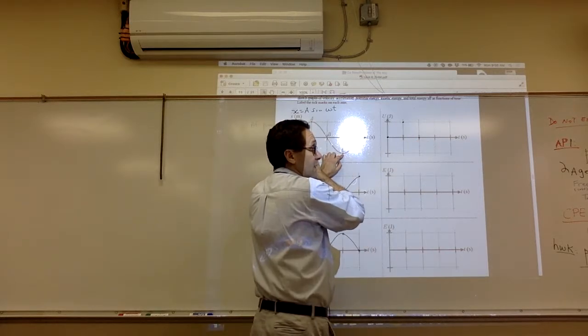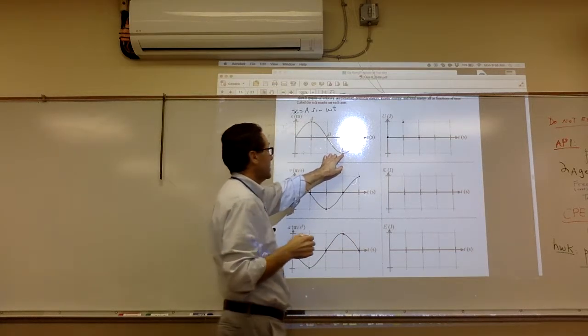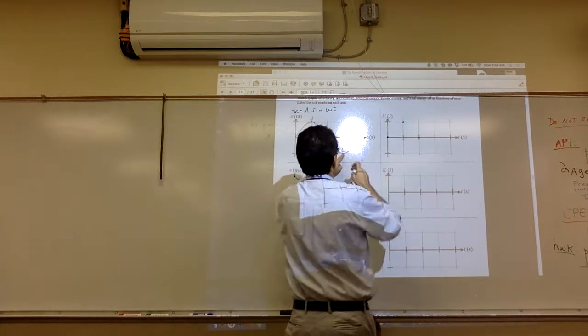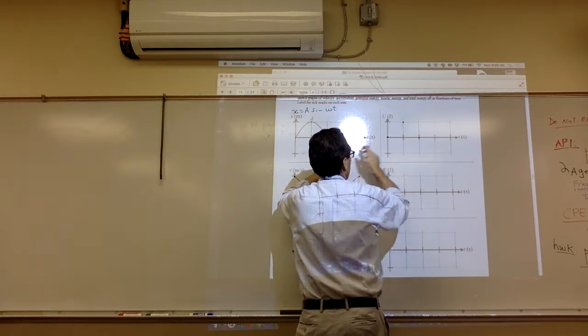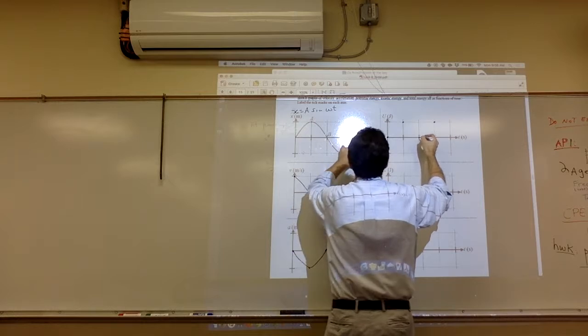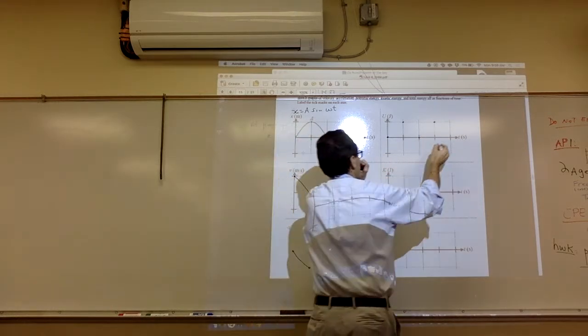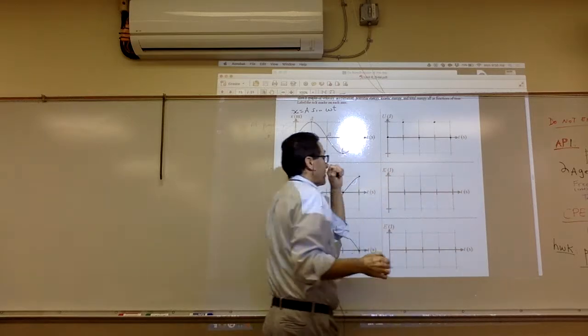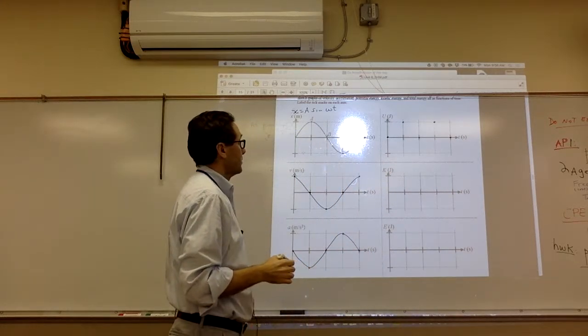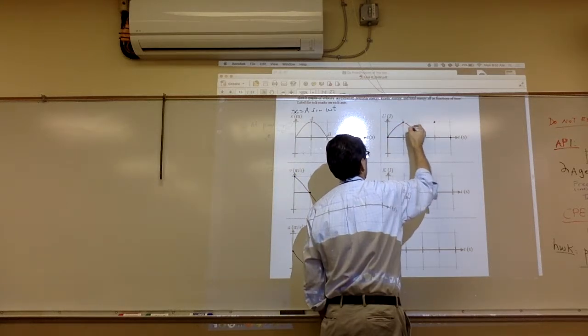Elastic potential energy is 1/2 k x squared, so it has to remain positive. In here you have no speed, which means you have maximum elastic potential energy, and here you have no stretch, which means you have no elastic potential energy, and your curve should look like that.